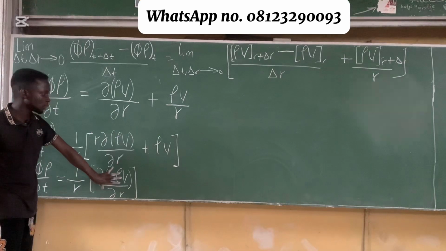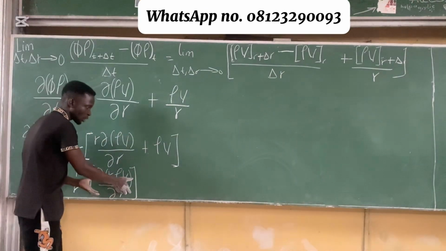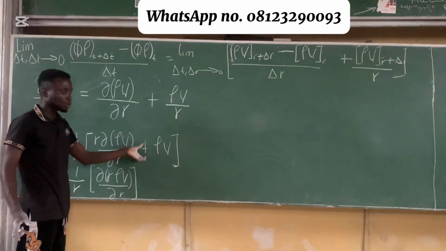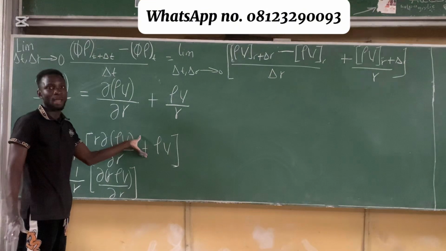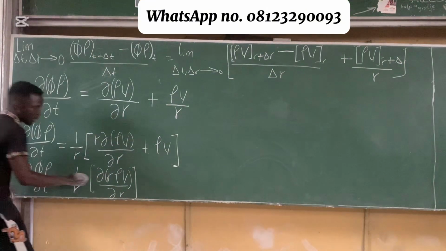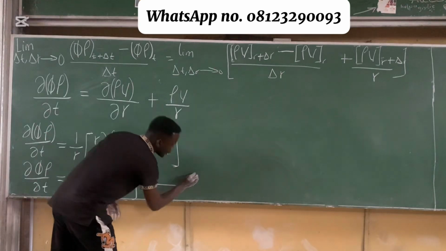So we got this expression from this expression. All right? If you differentiate this expression, we are going to have this expression. So this is the product rule expansion of this particular one here. So this equation here becomes the continuity equation for radial flow.